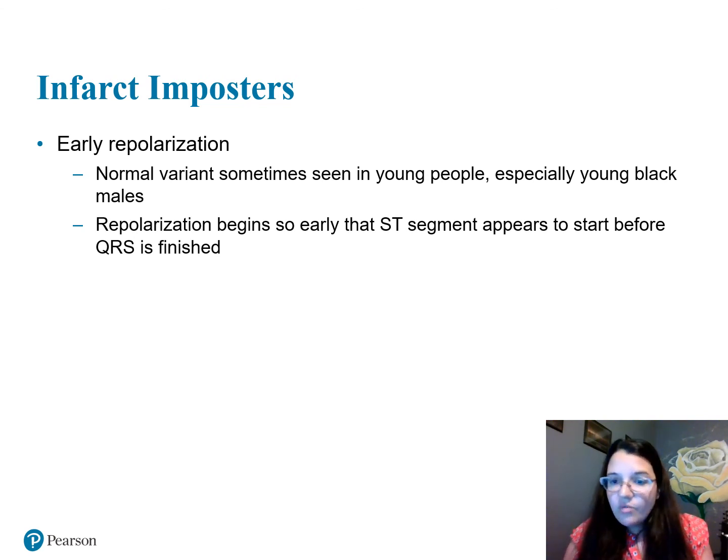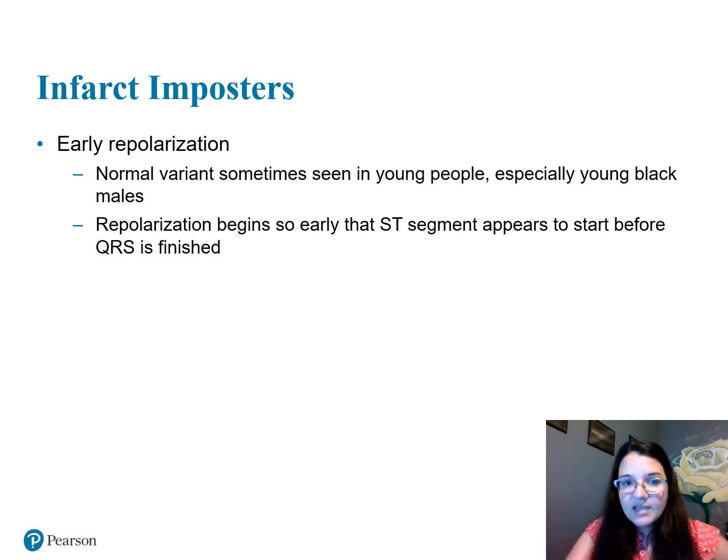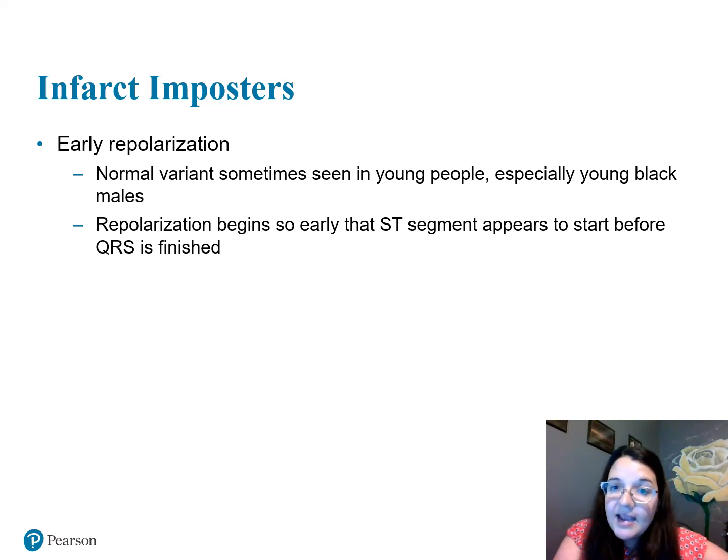So if you can, remember and connect early repolarization with young Black males. It's unknown why they have it more, but it's a fact. So just connect them automatically: early repolarization, young Black males. It also happens in people who are really athletic as well. But this can be an indication of an MI, and it could lead into an MI.